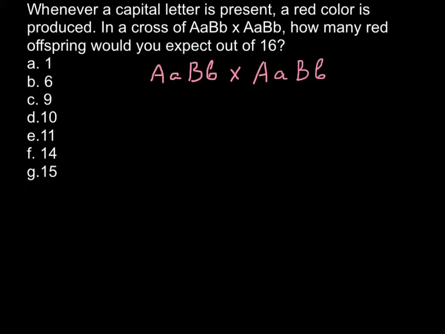And now let me demonstrate something. For example, when we say that in order to produce a red pigment we need at least one capital letter for both genes, that means, for example, if we consider these alleles, one is capital A, another one is small a.